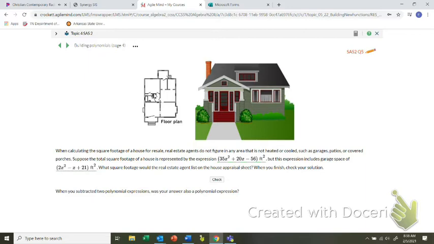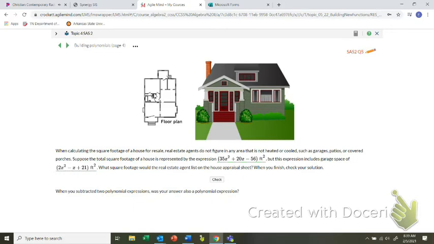Now, it says, when calculating the square footage of a house for resale, real estate agents do not figure in any area that is not heated or cooled, such as garages, patios, or covered porches.